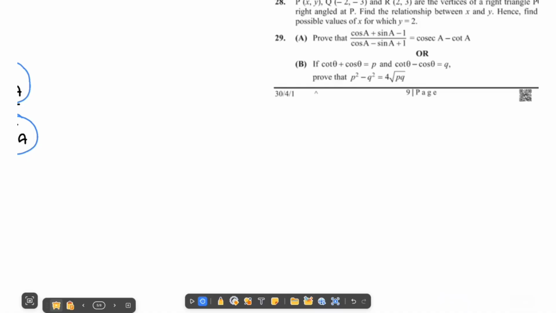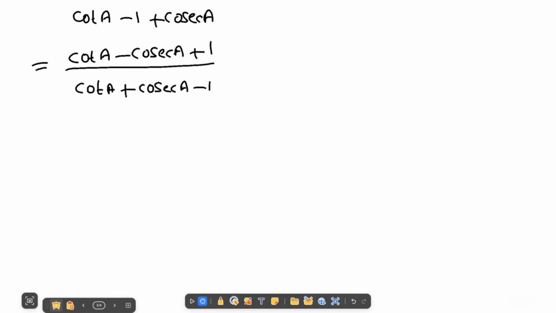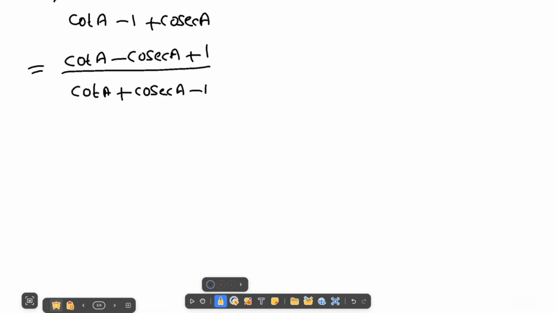So when you want the answer in the numerator, just change the number 1, only the number in the numerator place. Do not change the minus 1 in the denominator place. So change the plus 1 in the numerator place only.